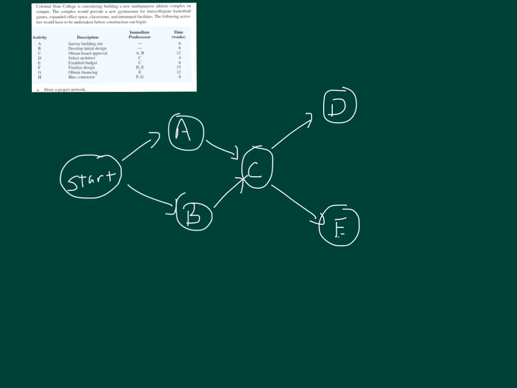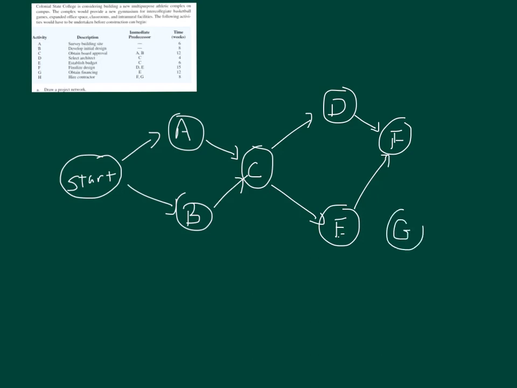Then we see that F can only start after both D and E finish, and I also see G can start after E. So I'm going to put F up here. I try to look at this stuff a little bit ahead to try to give myself a drawing that doesn't have the arcs overlapping. Sometimes that's impossible.